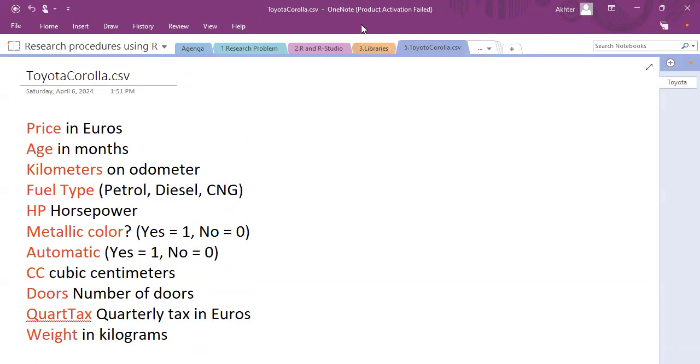Okay. Yes, this is the file, but this is not the complete file structure. This is a file structure in which I have reduced a few columns which are not too important, or which we assume we are not using in this analysis.